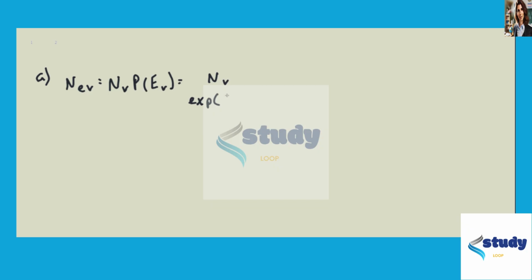Okay. So EV minus EF over KT plus 1. Now in the valence band, we want the holes.